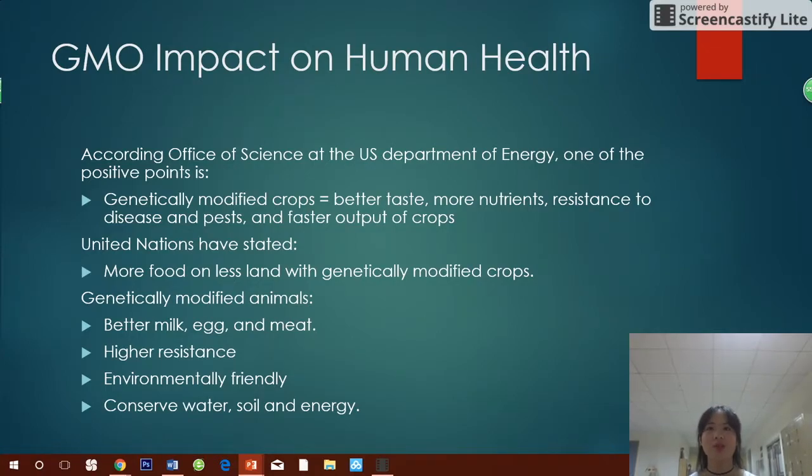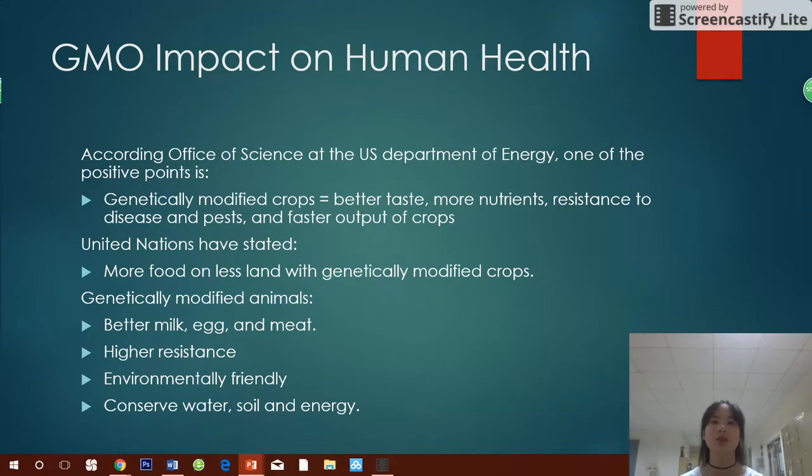Genetically modified animals have certain genes inserted into their genomes so that they can produce better milk, eggs, and meat. These animals also are expected to have a higher resistance to disease and overall better health.